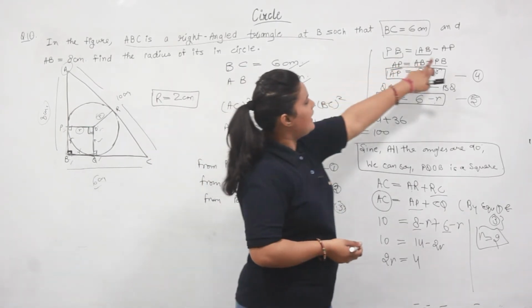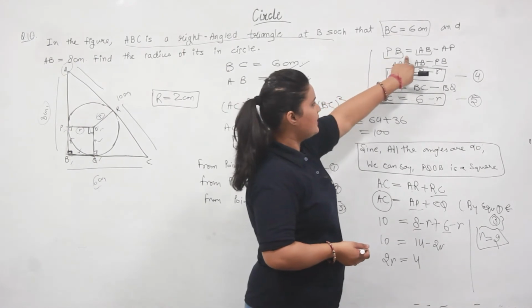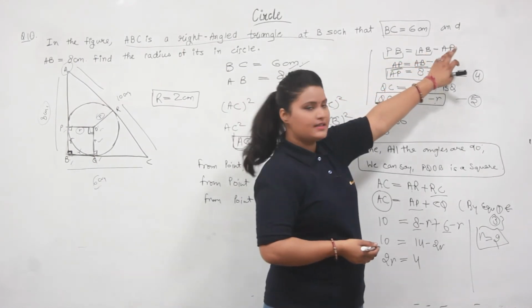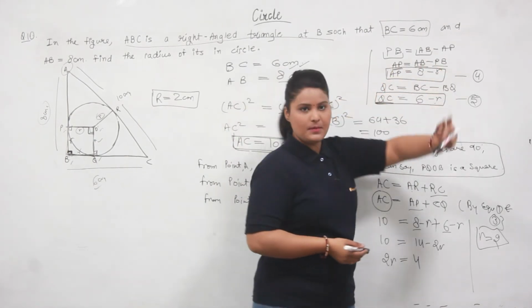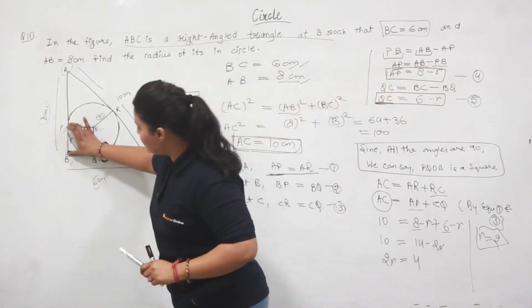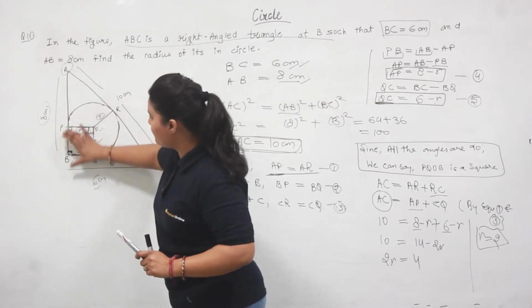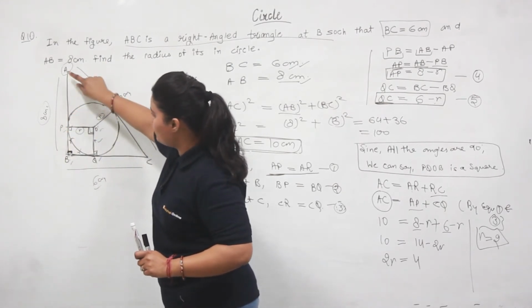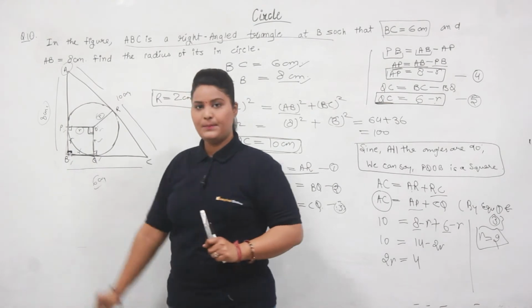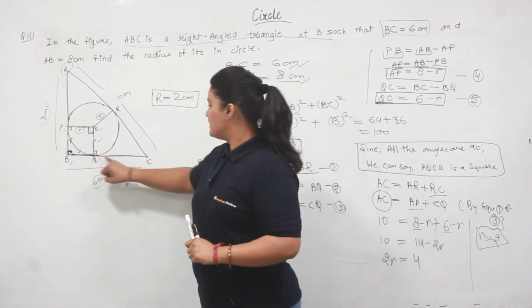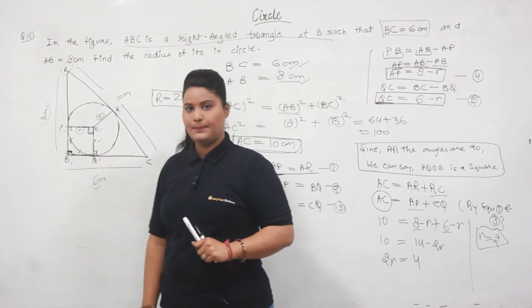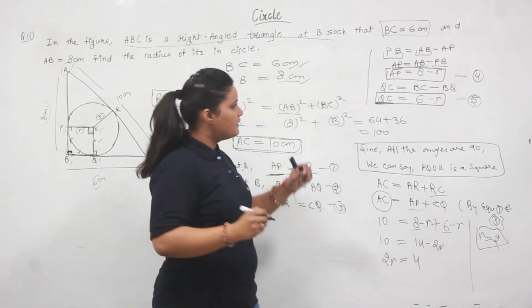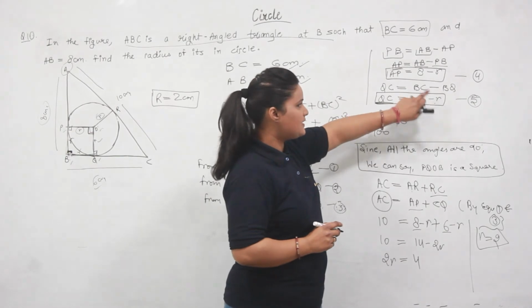Okay. Now next part. When I break the line, this is PB. Can I write PB is equals to AB minus AP? Or AP is equals to AB minus PB? Means I just took this part. I have to find out the value of this part. Means AP is equals to AB minus PB. Similarly, CQ is equals to CB minus QB. Right? And the lengths of AB and BC are given.